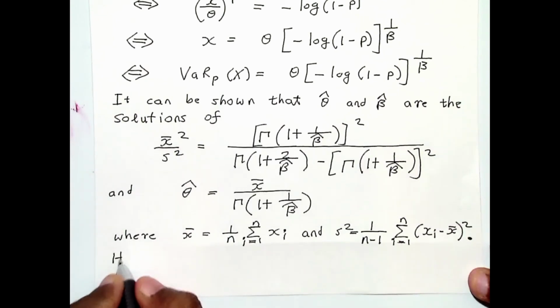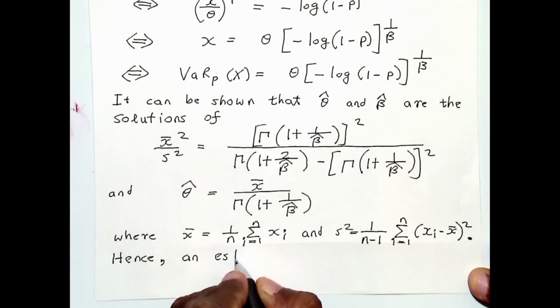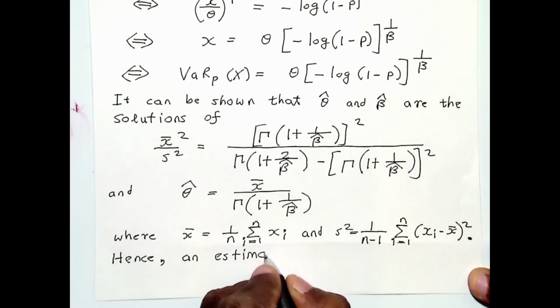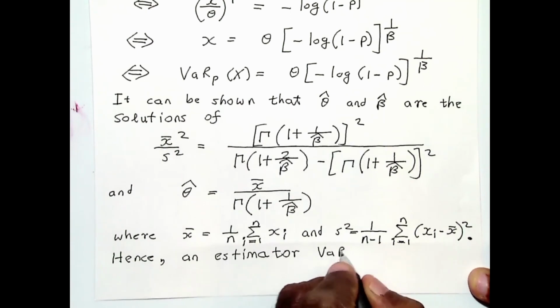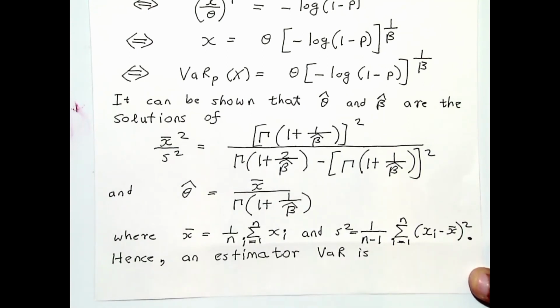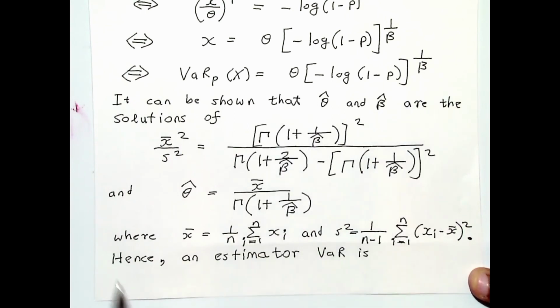Hence, an estimator for VaR is you just simply replace theta by theta hat and beta by beta hat.